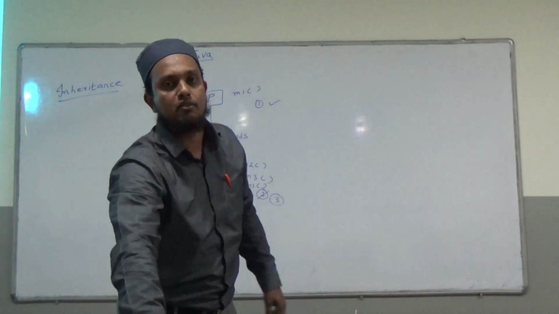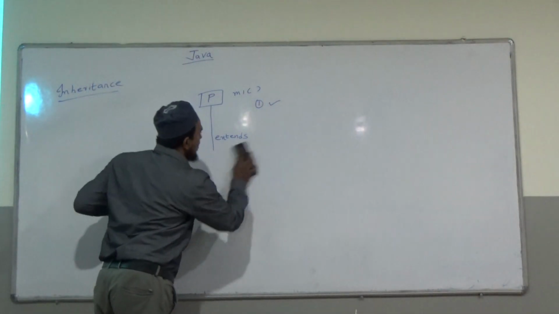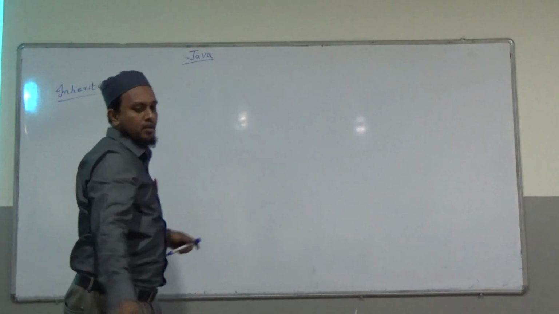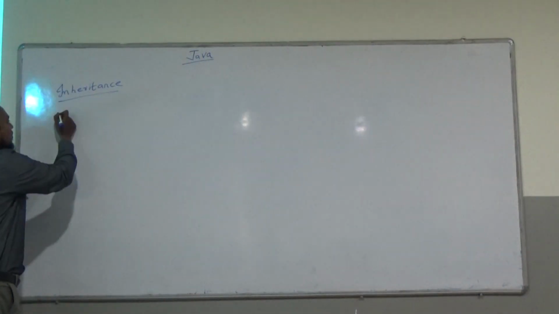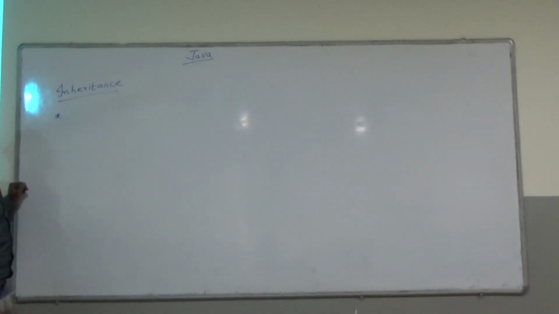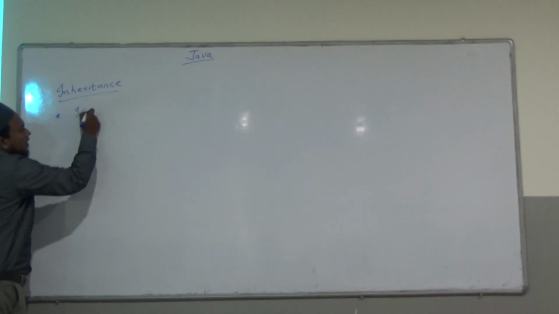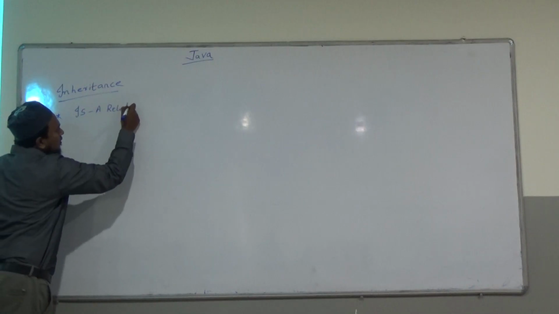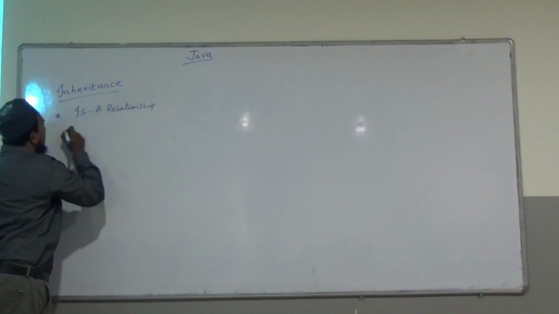Now let us write a small program to understand it practically. Before that, what are the 2-3 main points we have to remember? First, this inheritance is also called an is-a relationship.